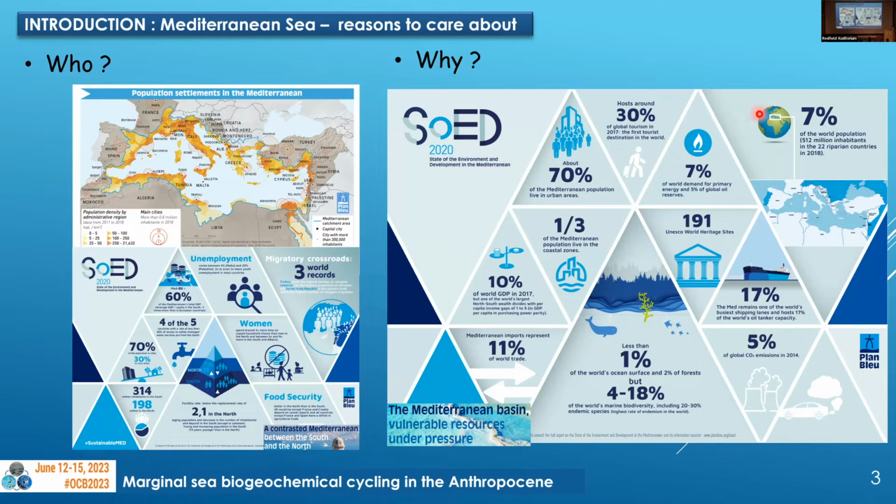Most of the people live on the coastal area and in cities. It holds very beautiful cultural heritage sites. That's why it is visited by 30% of the global tourists. This is really, really high. So can you imagine the human pressure here?